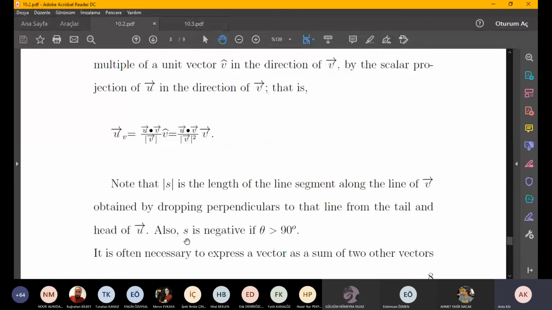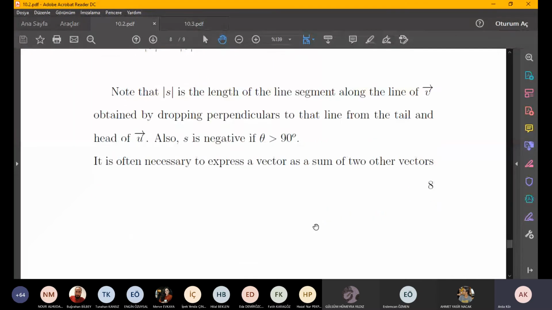Also, S will be a negative value if theta is greater than 90 degrees, because of the cosine values for those values of theta.